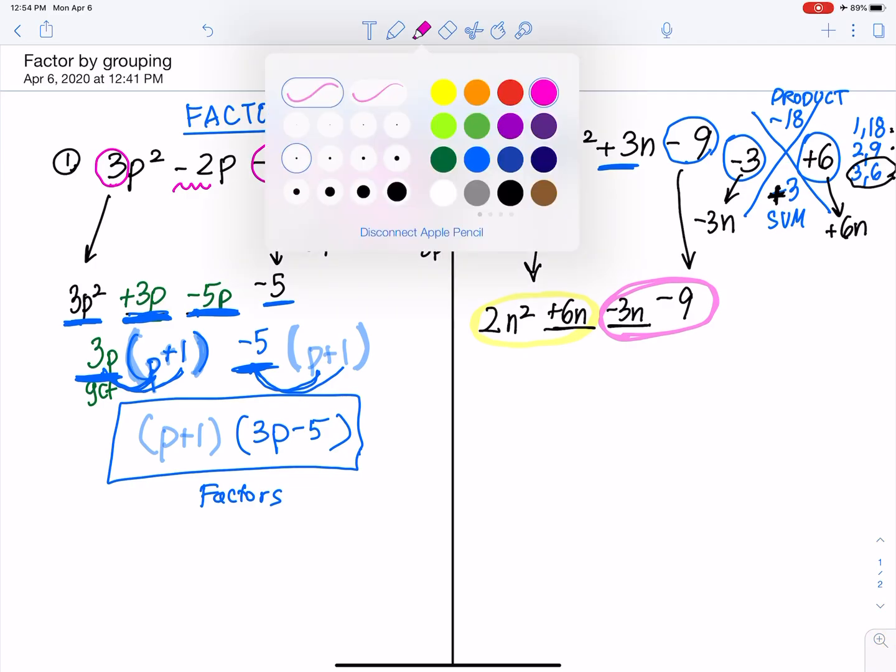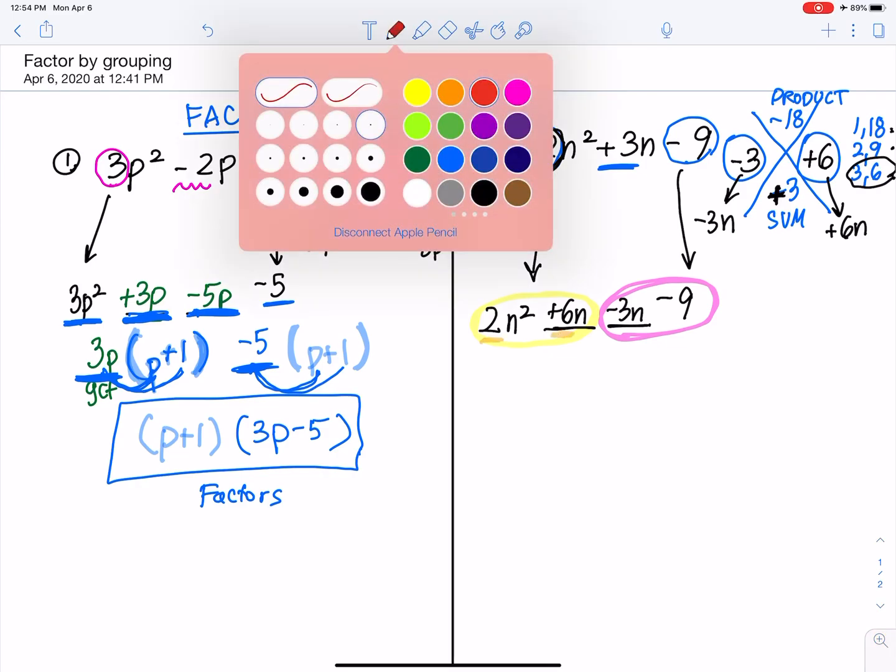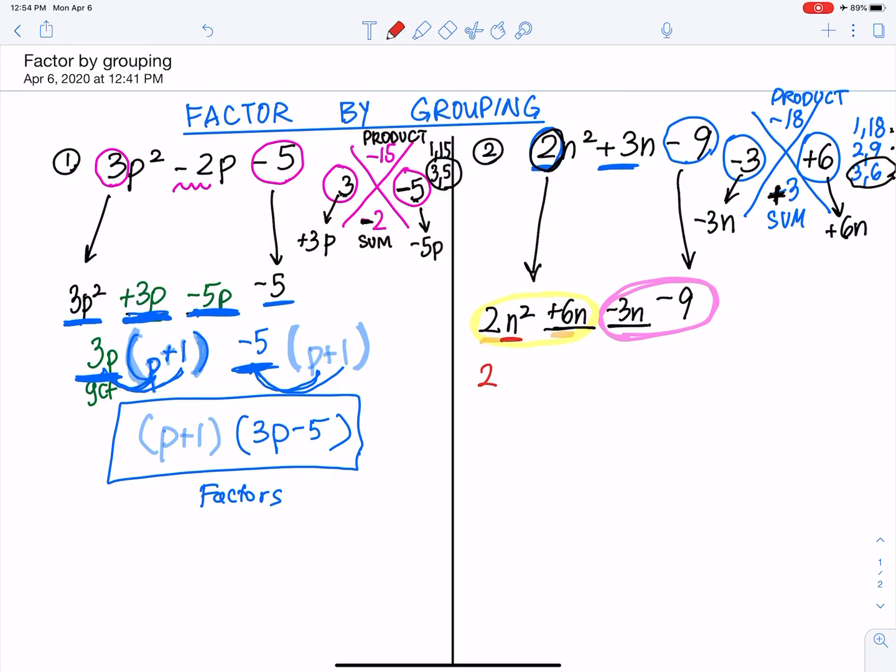Okay, so let's first attack the yellow one. Now 2 and 6, what's a common factor? 2. N squared and n, what's a common factor? N. So now we're doing the distributive property. 2n is our GCF. 2n times what term is 2n squared?